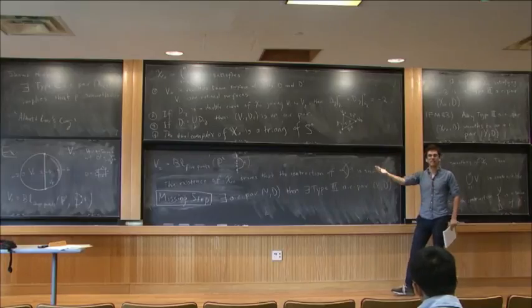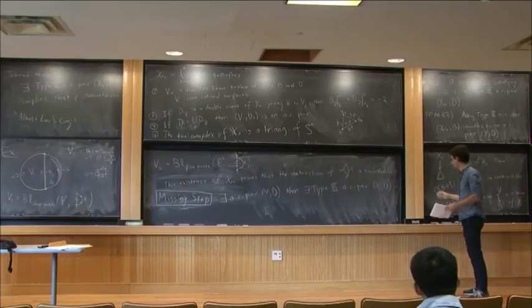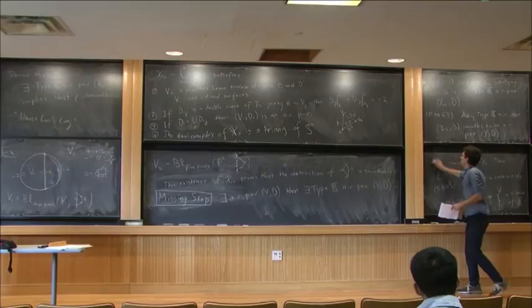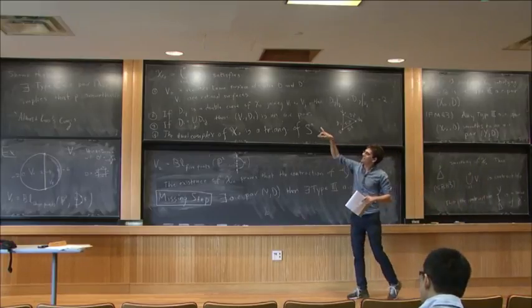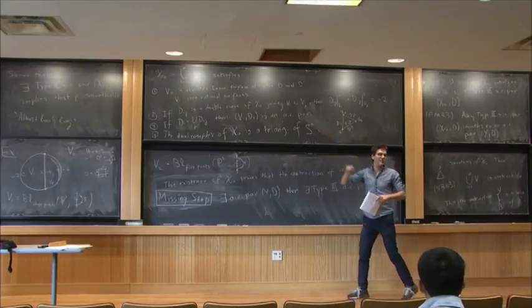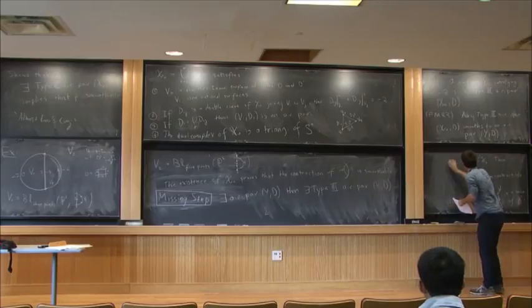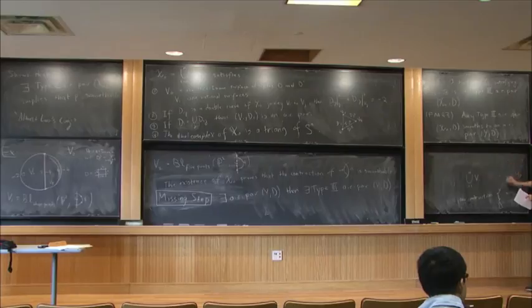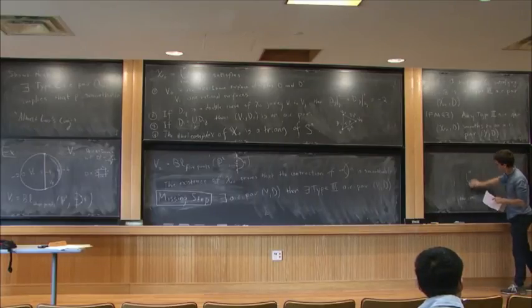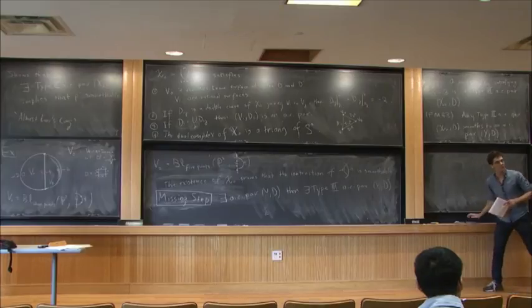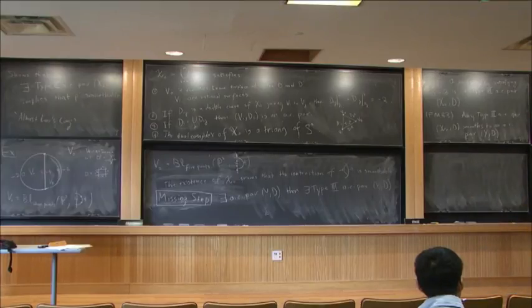But of course, the cycle length can be arbitrarily long, and the number of components of these type 3 anti-canonical pairs grows very large.